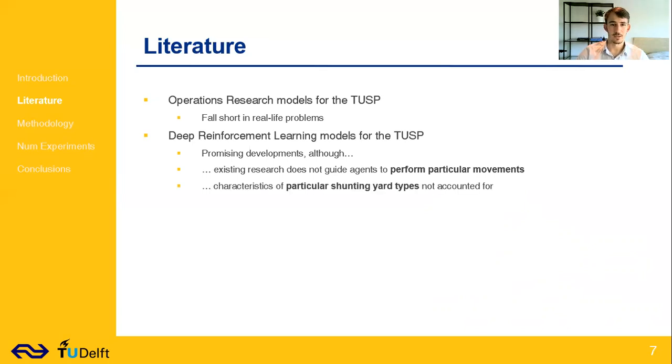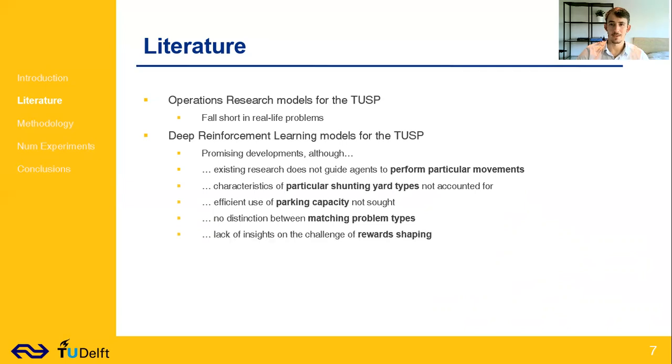The characteristics of particular shunting yard types are not accounted for. They don't make an efficient use of parking capacity, and there's no distinction between different matching problem types. I'll describe this in a minute. And lastly, we have lack of insights on the challenge of shaping rewards.